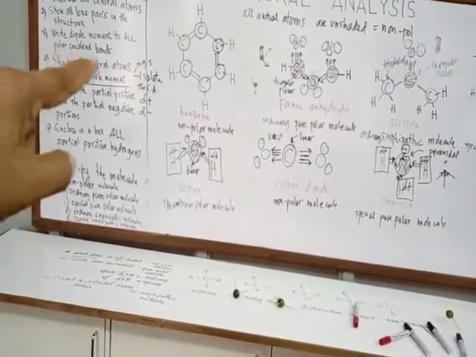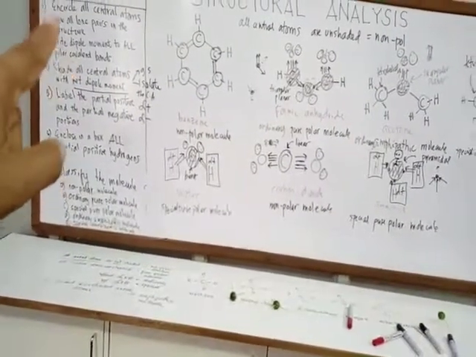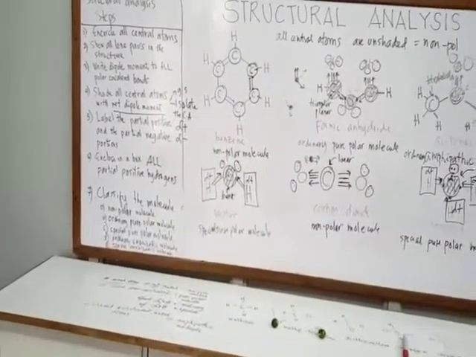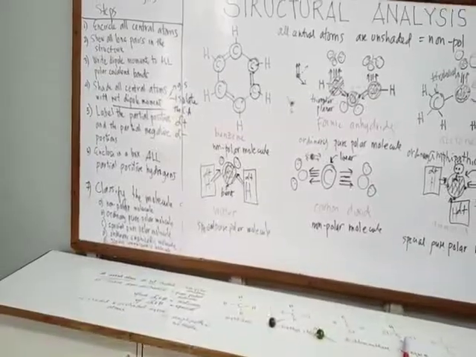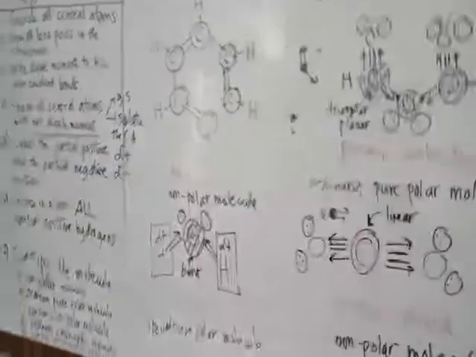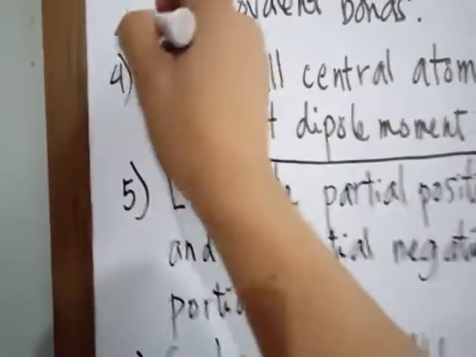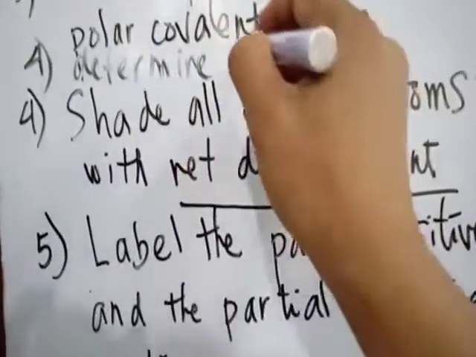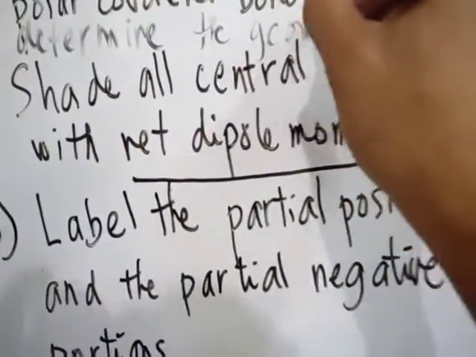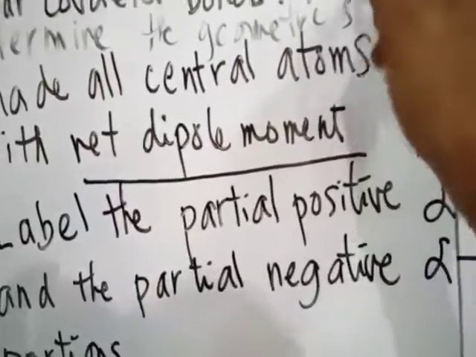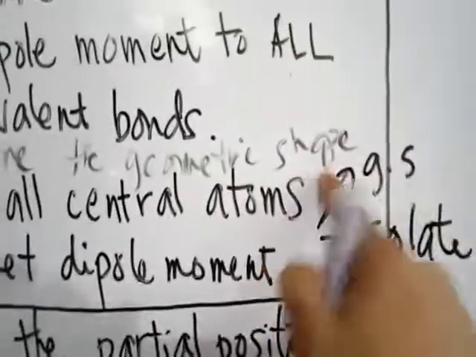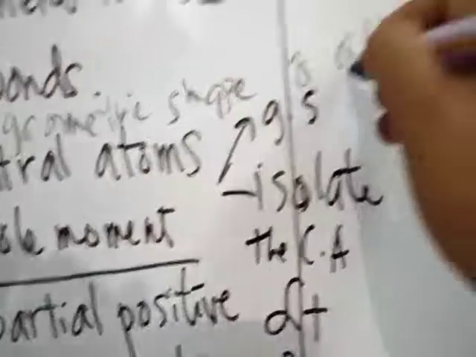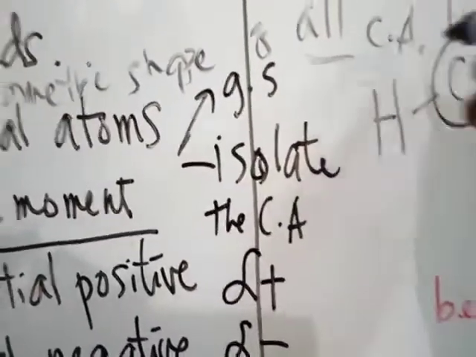After writing the dipole moments, number 4 is to determine the geometric shape of all central atoms before shading.